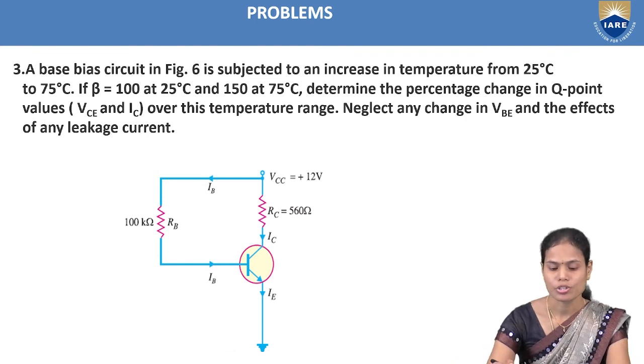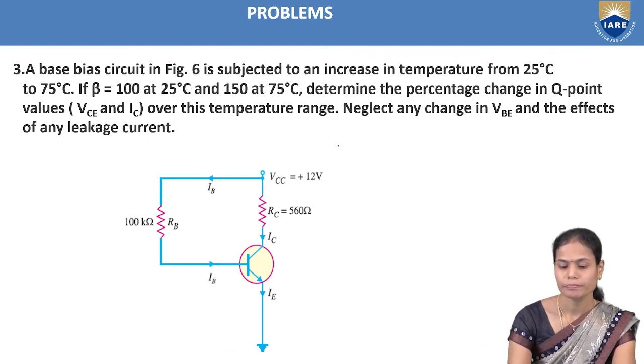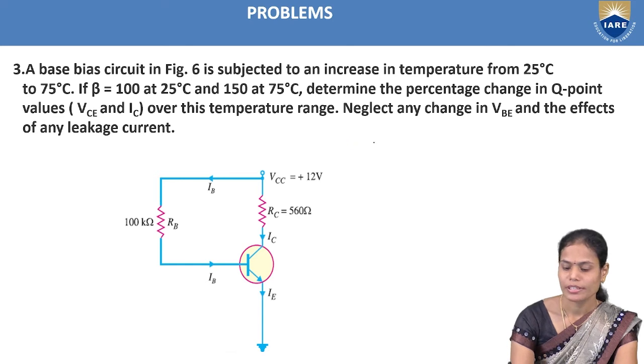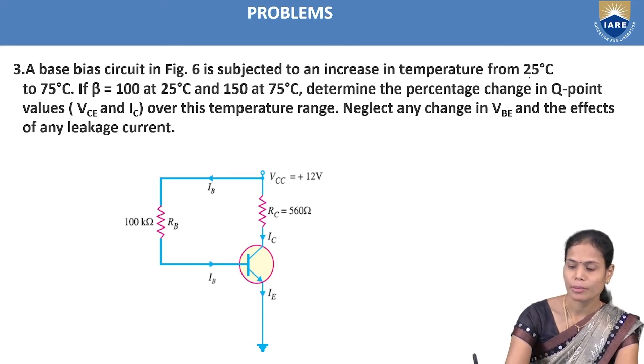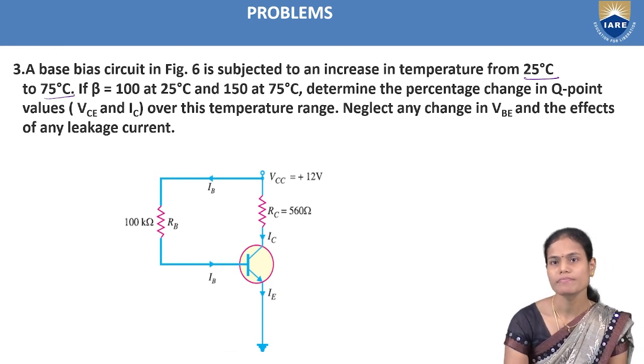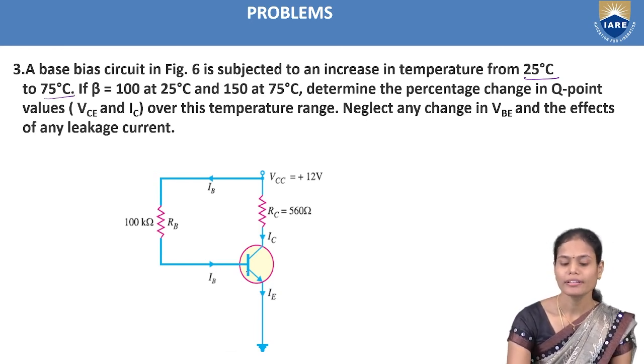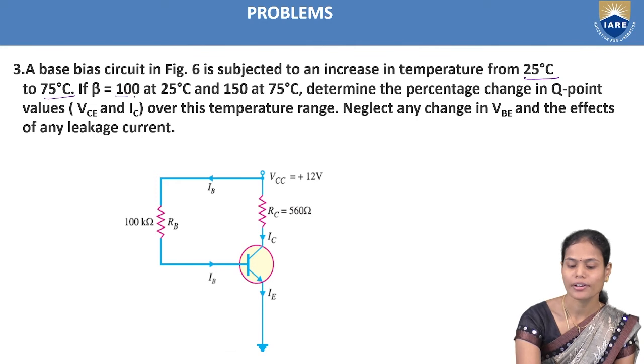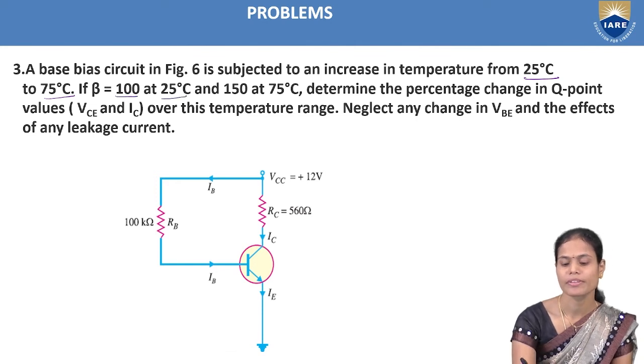So coming to the next problem. Here the temperature value is increasing from 25 degrees to 75 degrees for the given circuit. And the beta is 100 at 25 degrees Celsius and 150 at 75 degrees Celsius.